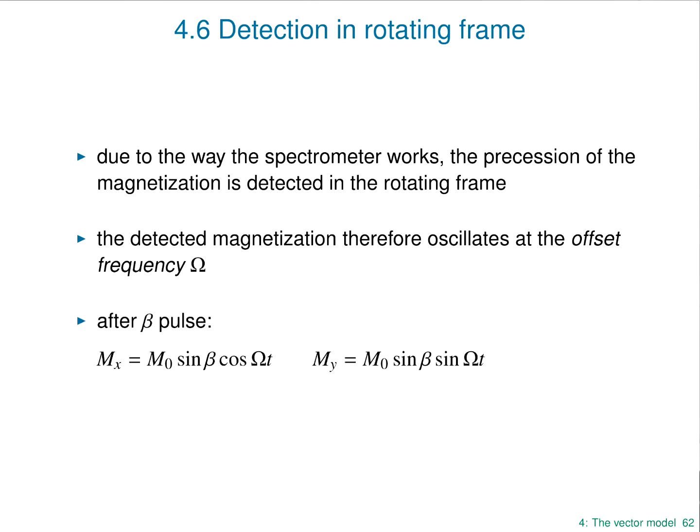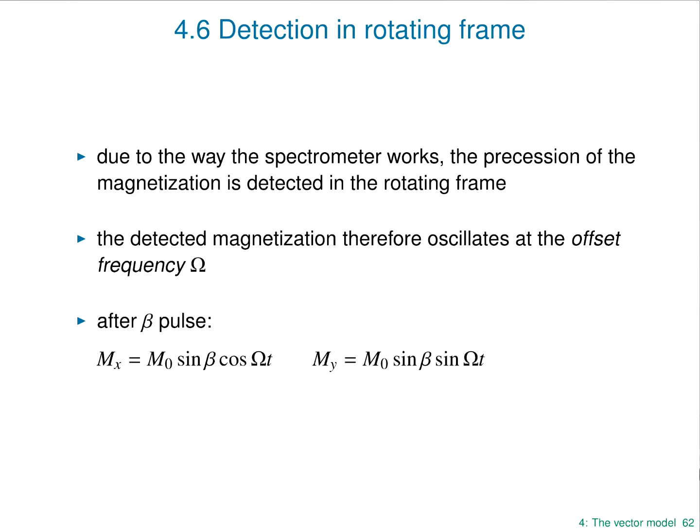So for example, if we've done a pulse of flip angle beta, then the x component would be something like sine beta, and then we would allow it to precess, and the precession would be cos omega t. It's omega, the offset frequency, not the Larmor frequency. But I emphasize that that's just a consequence of the way the spectrometer works. The spins, of course, are themselves going round at the Larmor frequency.